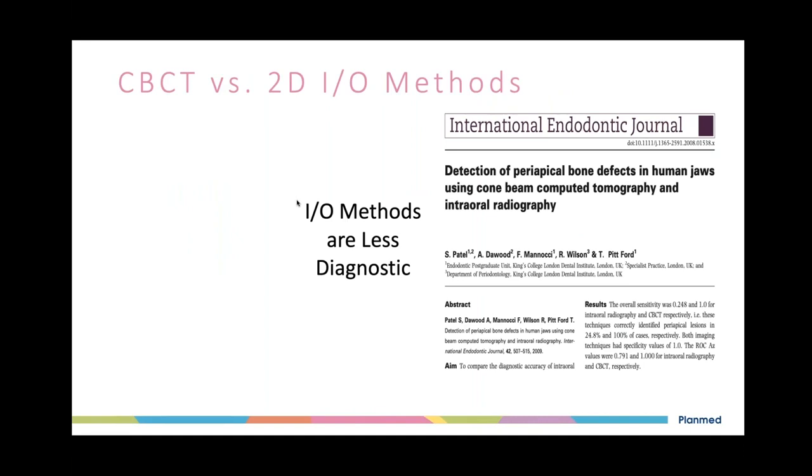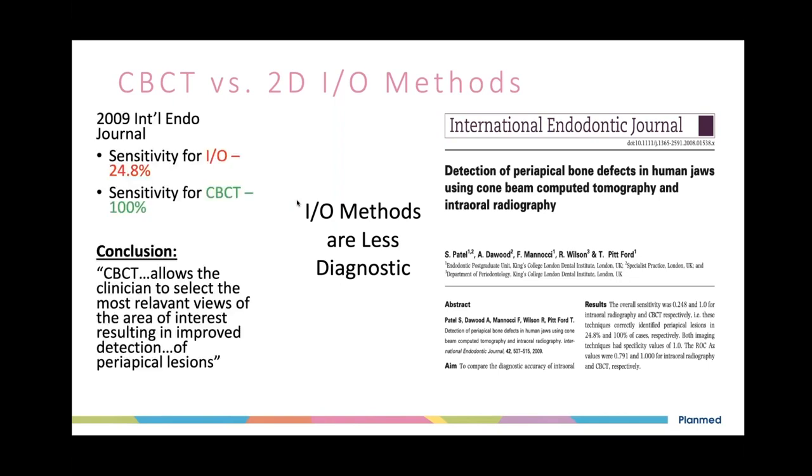Here's another one, detection of periapical bone defects in human jaws. Now, the patient didn't get into the study until after they had taken an image with cone beam CT and found a lesion. So that's why the sensitivity for cone beam was 100%. But then they took those jaws, they put a sensor in the mouth, knowing exactly where to put it, knowing there was an endodontic lesion there.